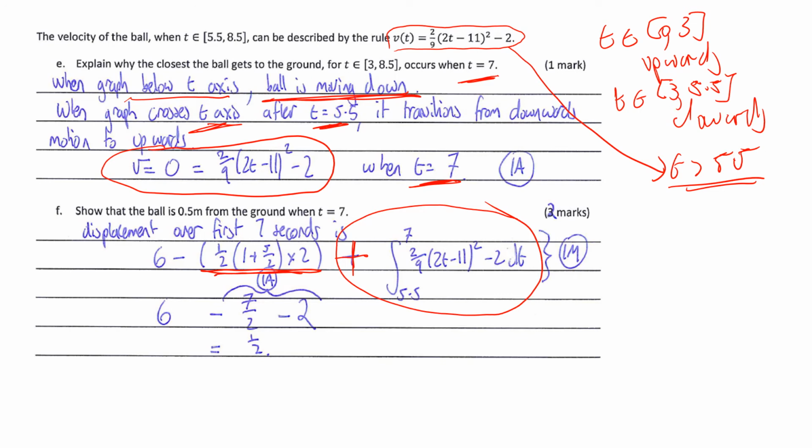So 6 minus 3.5 minus 2, as 2 turns out to be the answer to this definite integral. I was really looking for that definite integral in order to give you a method mark. I was looking for a second method mark being a linking of those 3 terms. So 6 upwards, 3.5 downwards, followed by a further 2 downwards before it becomes momentarily at rest and begins its upward journey, gives you a final value of 1/2. So the closest the ball gets to the ground is 1/2 of a meter.